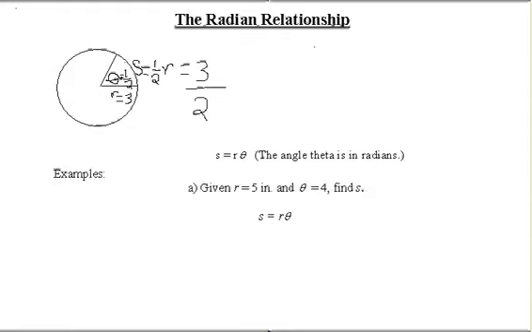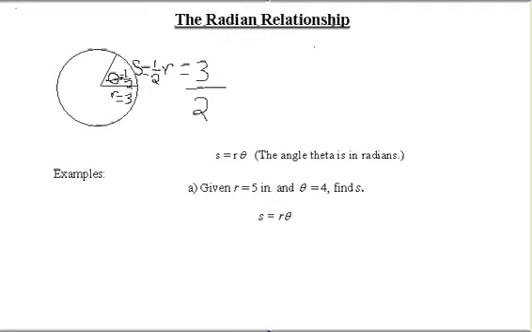Suppose now that we have a particular circle that has a radius of 5 inches and an angle of 4 radians. Now again, it's very important that the angle be measured in radians because this is only valid for that particular unit of measure. That means if the angle that we have is in degrees, we're going to have to figure out how to convert the number of degrees into a quantity of radians.